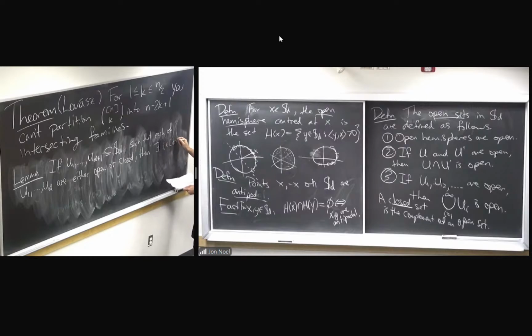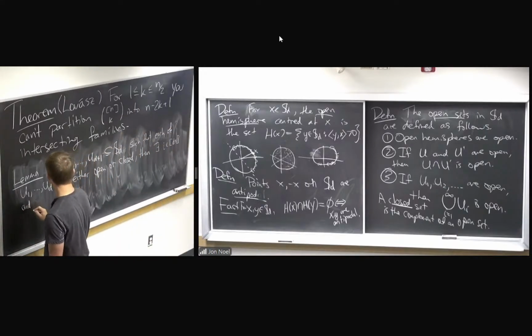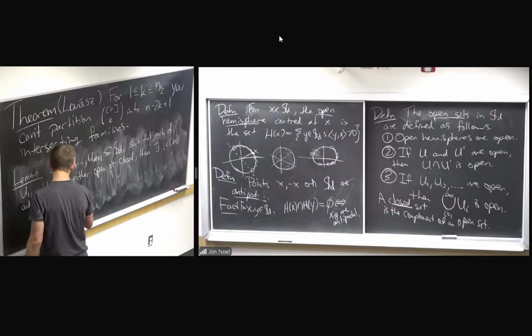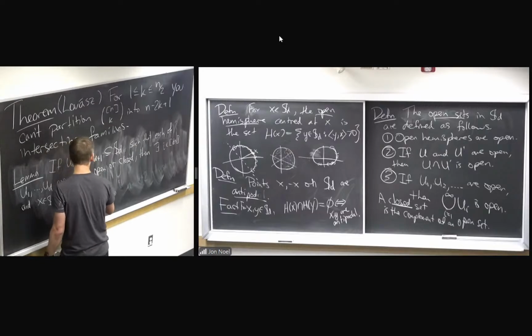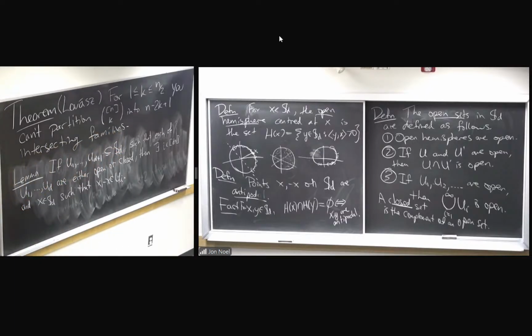So there's some i between 1 and d plus 1, and a point x in the sphere such that x and minus x are in Ui.